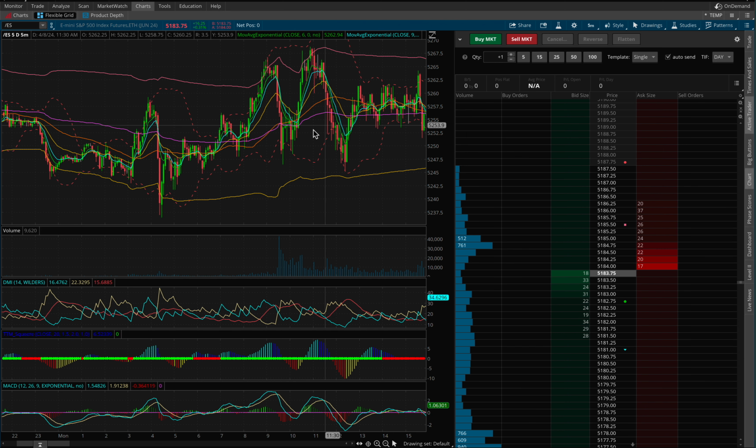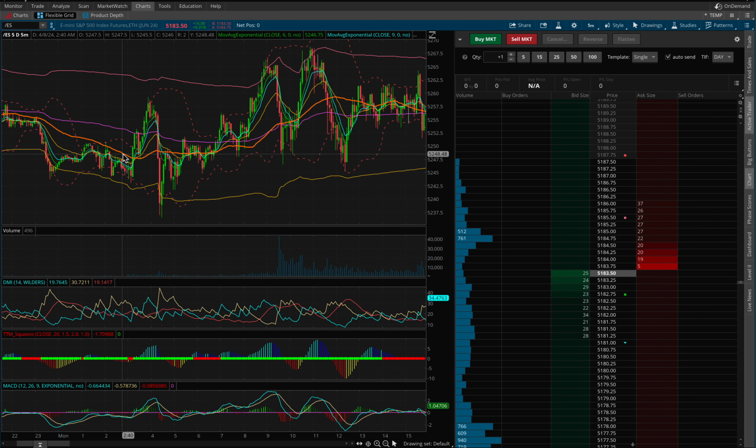So a contract on the ES futures, I haven't looked recently, but it's usually around 14K that it takes to buy one contract. What that does is it's about 4-to-1 leverage on the SPY.